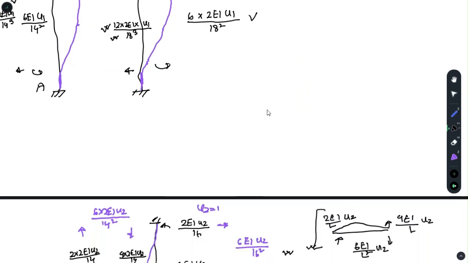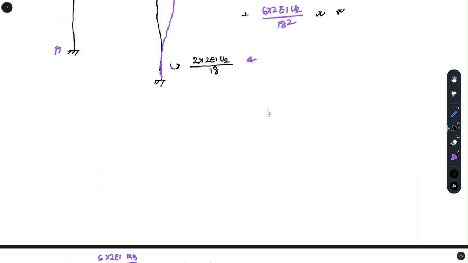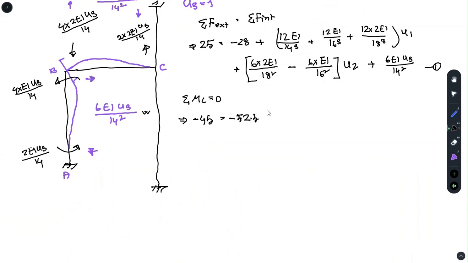So we'll write that under U1. We'll give a plus sign and write 6 multiplied by twice EI over L2 squared, minus 6 EI over L1 squared.